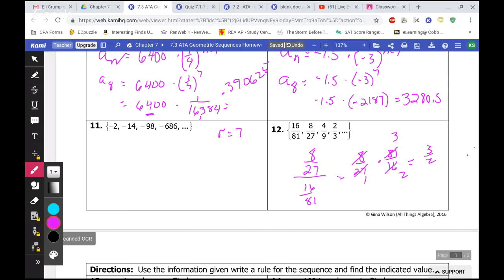But the other way, does that make sense? Yeah. Okay. All right. And then you would take 4/9. And basically what you're doing, if I take the premise of this, then I would do 27 over 8, which then I would get 3/2 again. So the common ratio is 3/2.